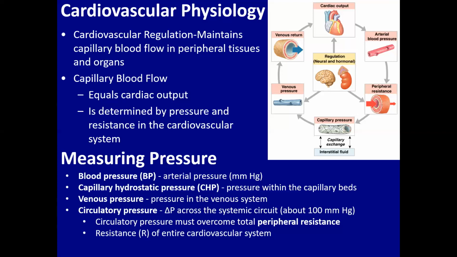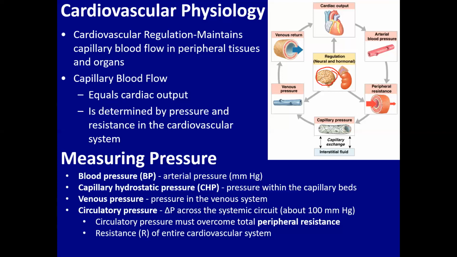So peripheral resistance means the resistance that comes because of the vessel. It is what is in the periphery around the blood. And resistance, R, means the resistance of the entire cardiovascular system.